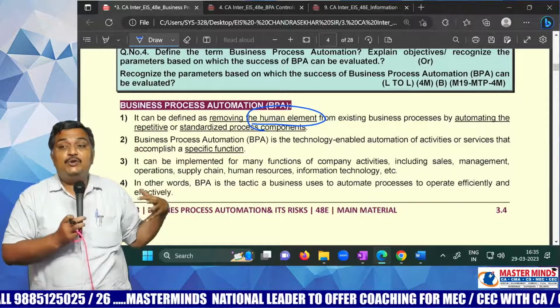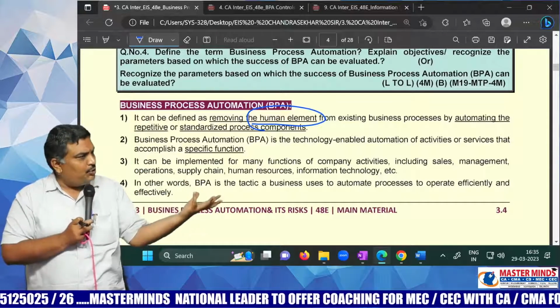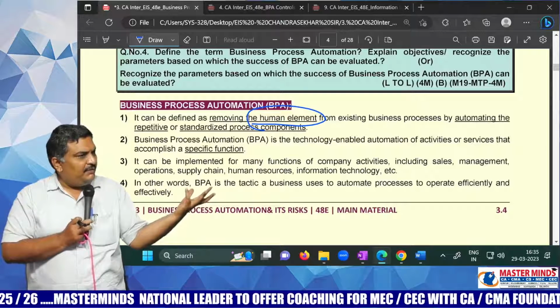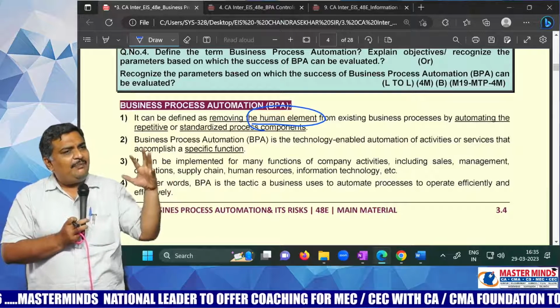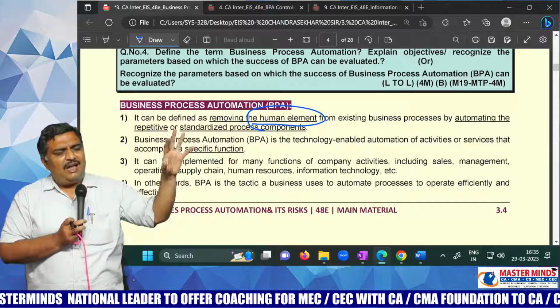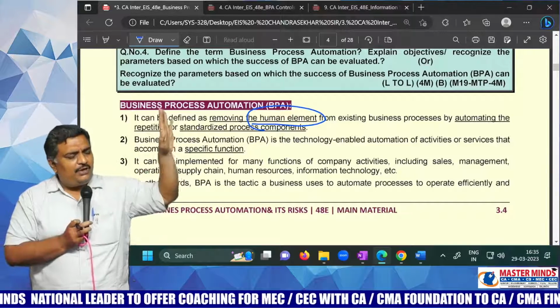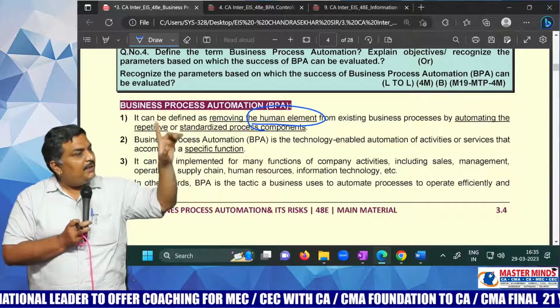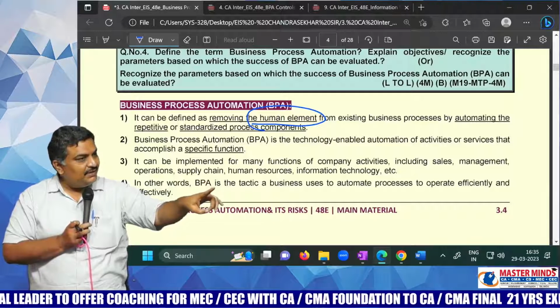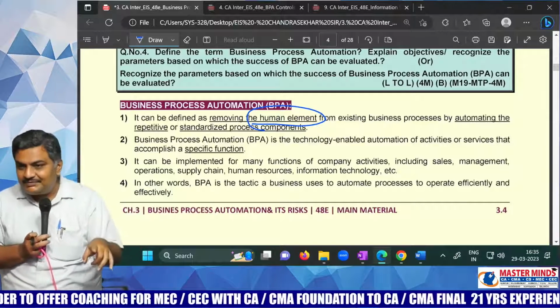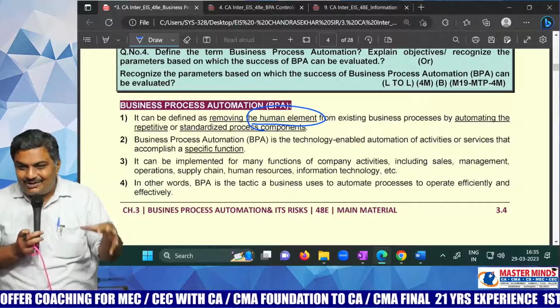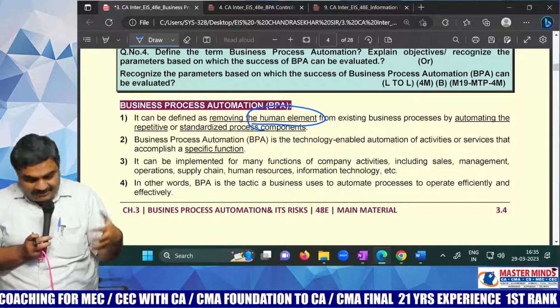But whereas if I use software, for example, you go to an ATM, what is your experience? For example, if you go to that ATM for 5 years, every week once you are going to that ATM to withdraw money, but it will never ask you how are you, isn't it? Did it ever ask you how are you? Because every week you are coming, you are my regular customer. Will it smile?